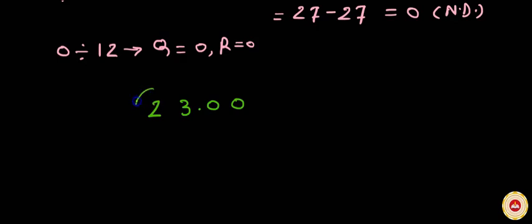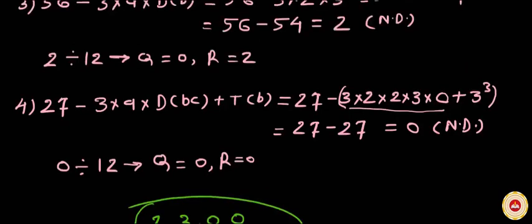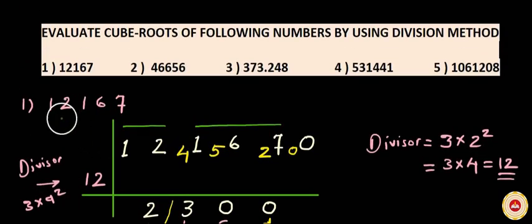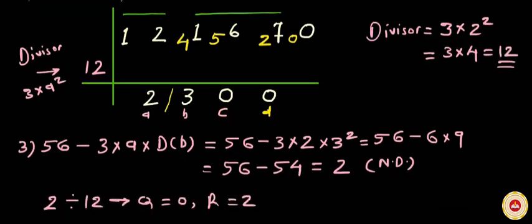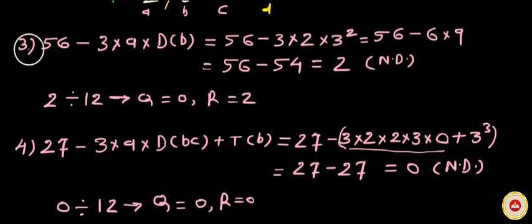This 23 is our answer. Correct? It means that the cube root of the given number 12,167 is 23. So friends, please write these steps, third and fourth.